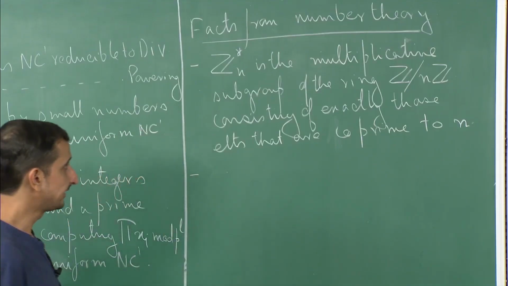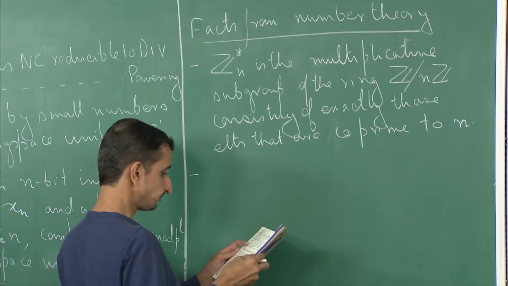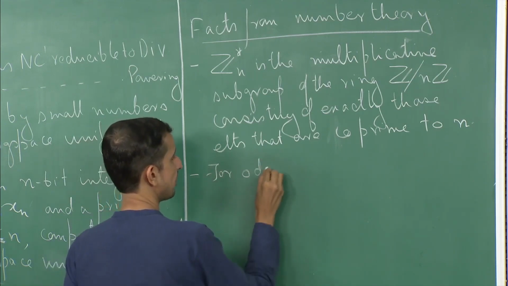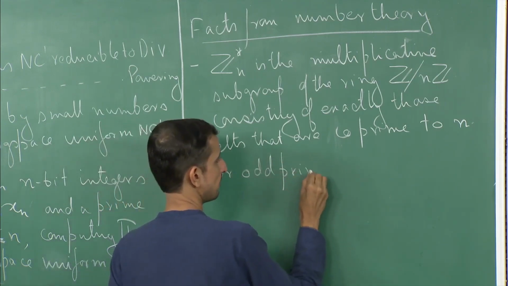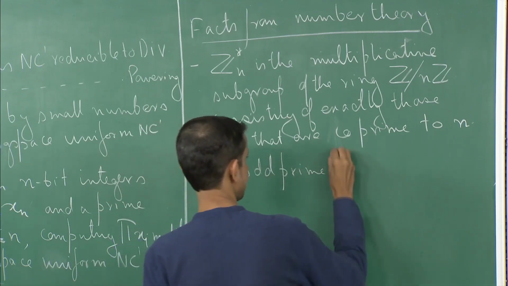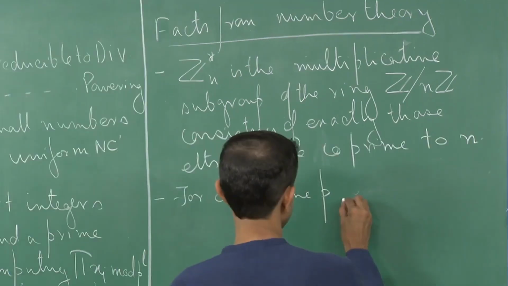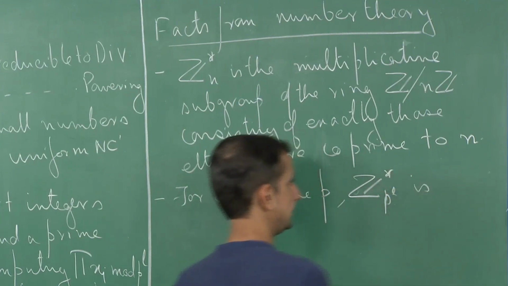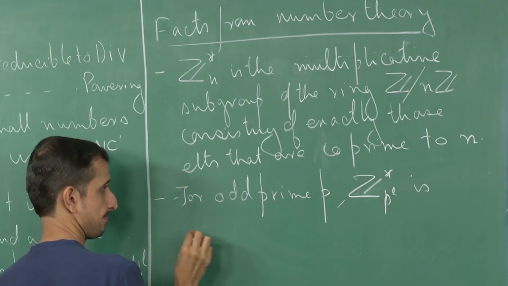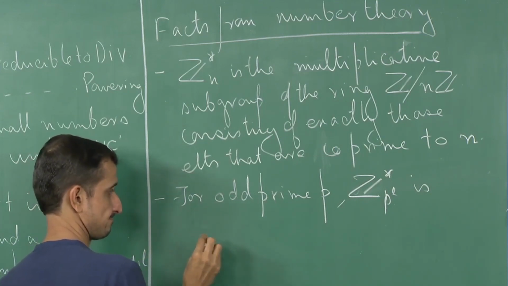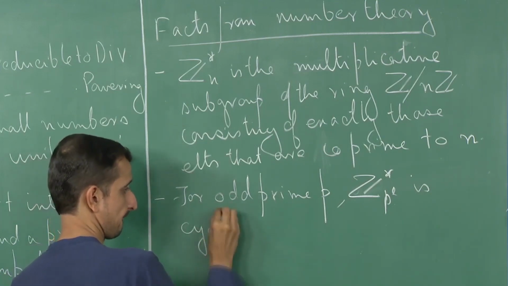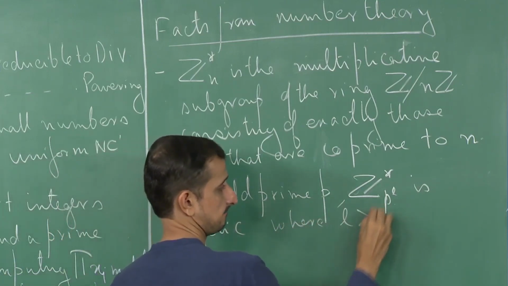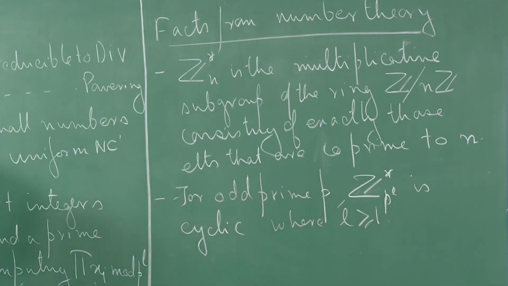So now we will try to characterize this. For odd prime p, Z star p to the power l is cyclic, where l is a positive integer.